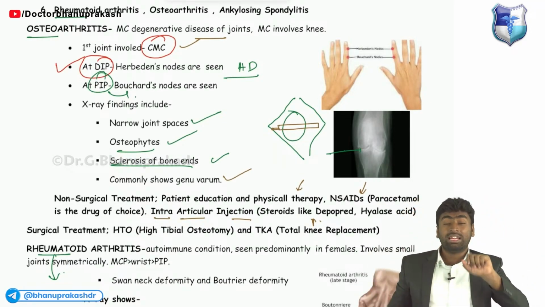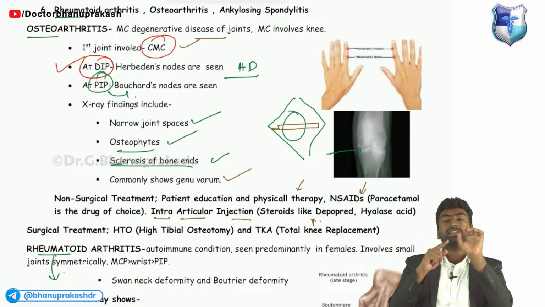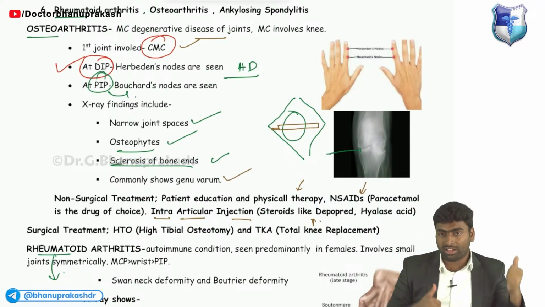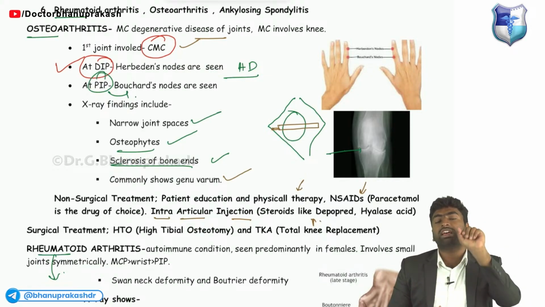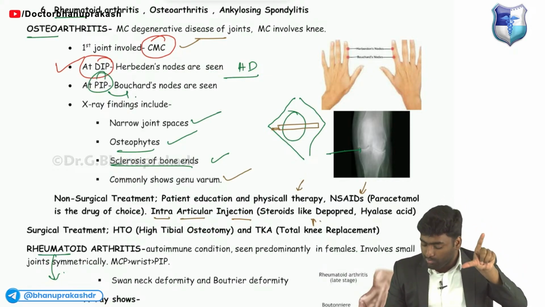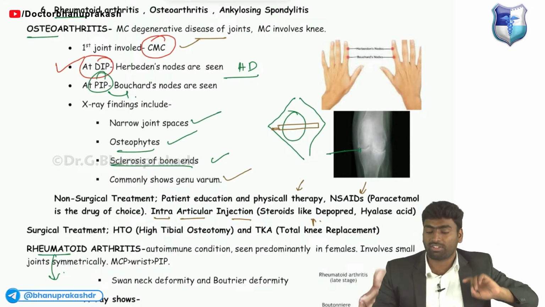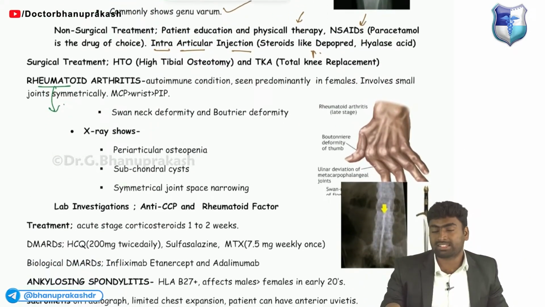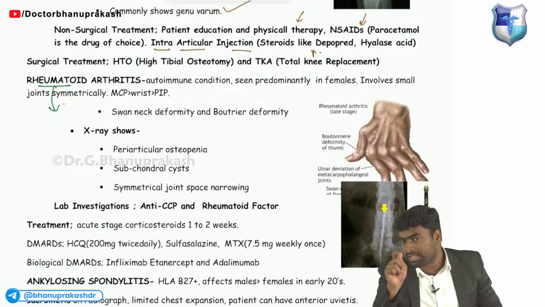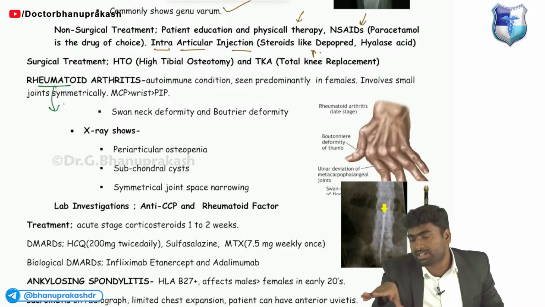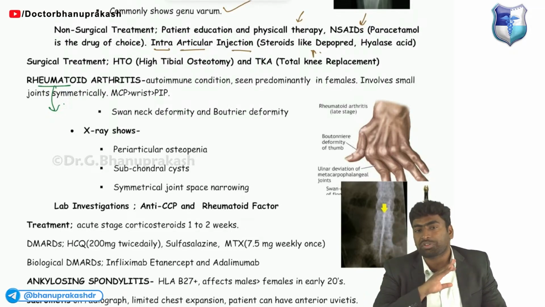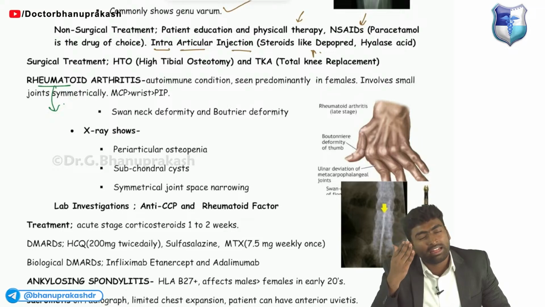Then it will involve this DIP, PIP, and the first joint to be involved is the carpometacarpal joint, and there are two nodes, Heberden's nodes and Bouchard's nodes. Heberden's nodes at the level of DIP and Bouchard's nodes at the level of PIP. Remember. And in the X-ray, you will be able to see there is a reduction in joint space. Okay, so initial management is lifestyle management along with NSAIDs. और कुछ नहीं हुआ तो total knee replacement कर दो.